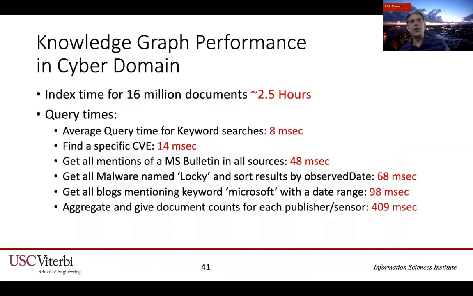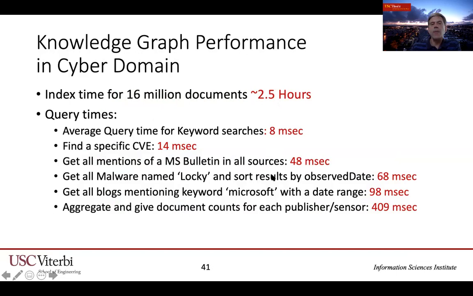So this gives you a sense of the actual performance. What you can see here is that the index time for about 16 million documents is about 2.5 hours. So that's how long it took us to index all this information in Elasticsearch. But now if you look at the query time, we can do keyword searches in 8 milliseconds, finding a specific CVE, which is an explicit vulnerability, at 14 milliseconds, and all the mentions of a particular Microsoft bulletin in 48 milliseconds.